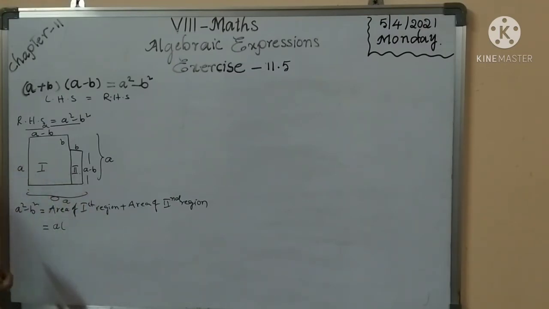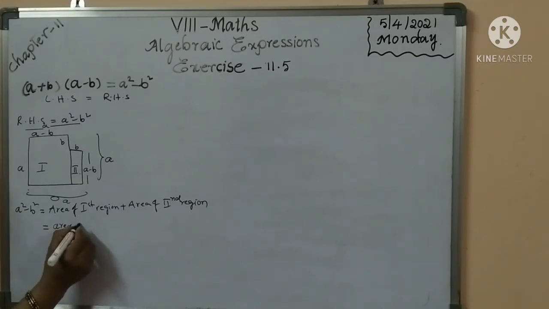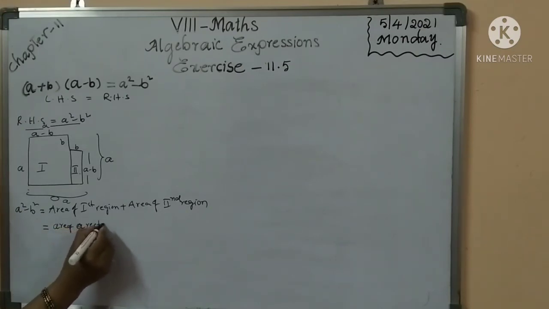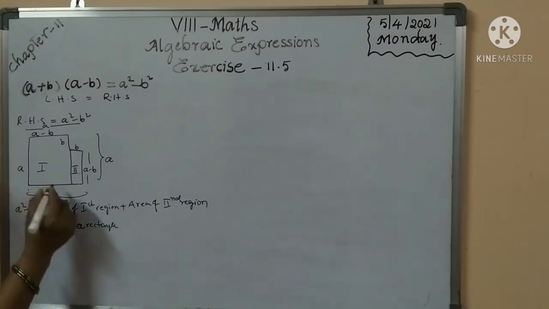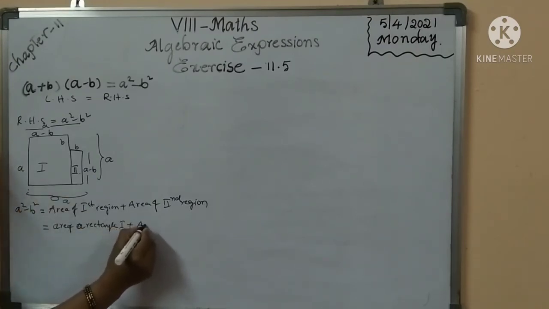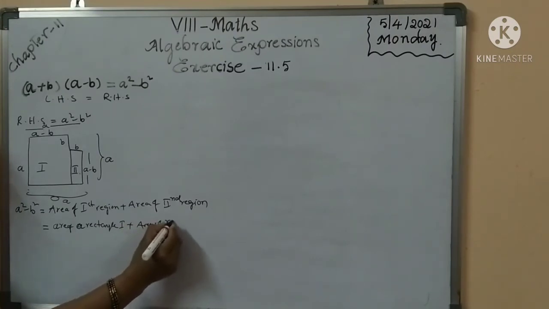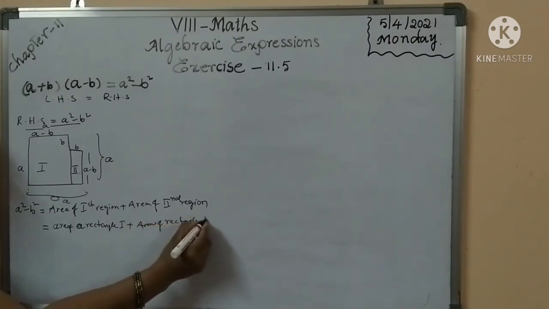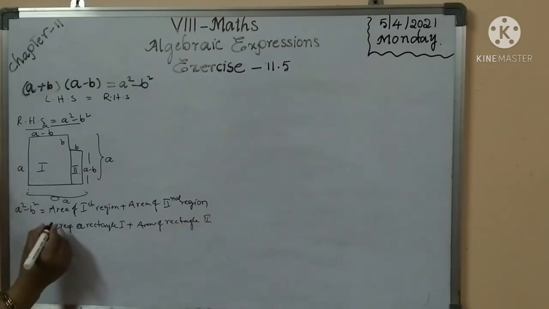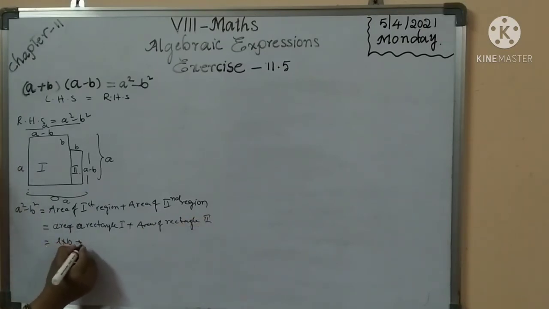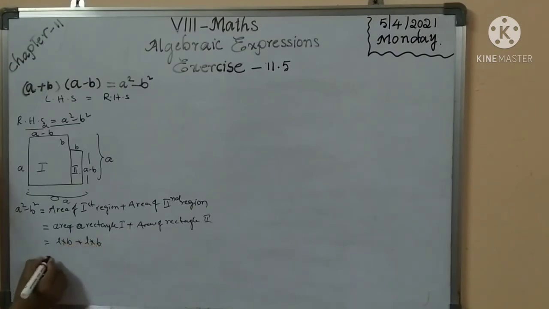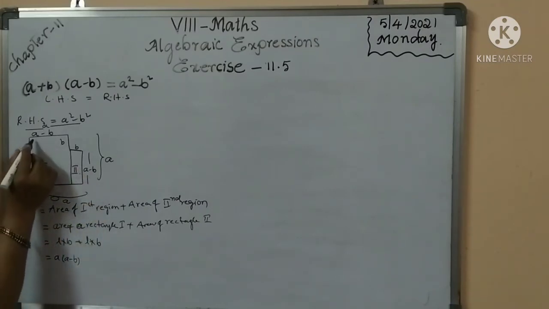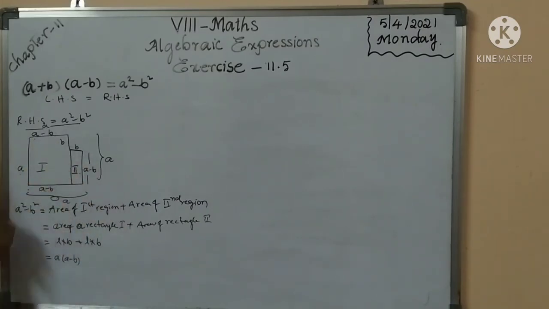What is this area? Area of a rectangle, the shape of a rectangle. So area of the rectangle first region plus area of the rectangle second region: length into breadth plus length into breadth. So what is the area? A into a minus b. The first region is a into a minus b. It is also a minus b.